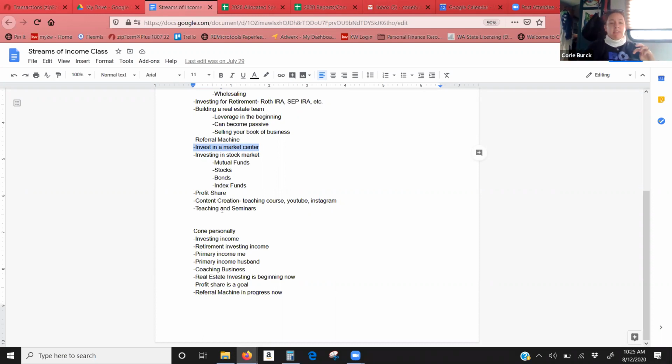You can also invest in the stock market: mutual funds, stocks, bonds, index funds. Index funds are a type of mutual fund. Personally, I invest in index funds because they're incredibly passive, comparatively very low risk, but make good money.